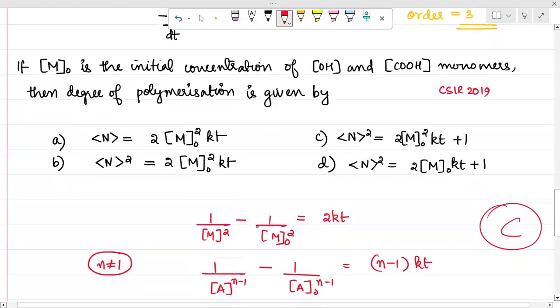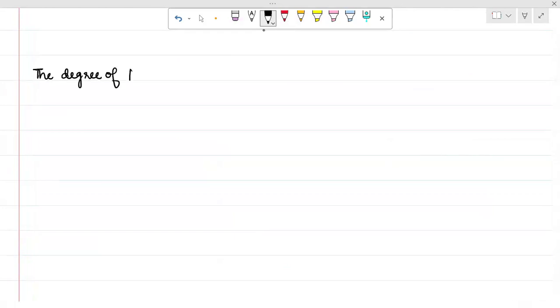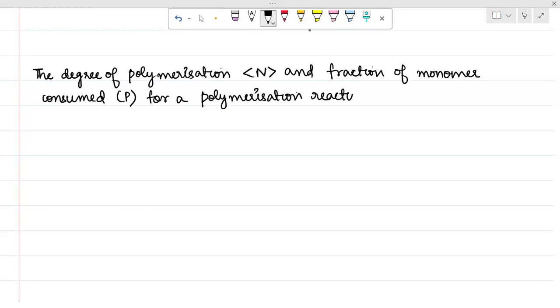All right. Next question. The degree of polymerization, N, and fraction of monomer consumed, which is written as P, for polymerization reaction are related by.